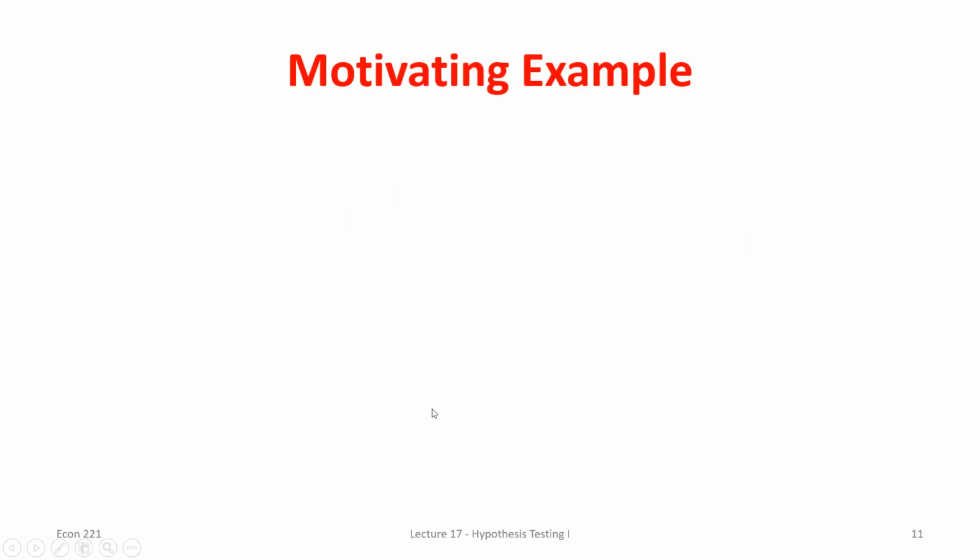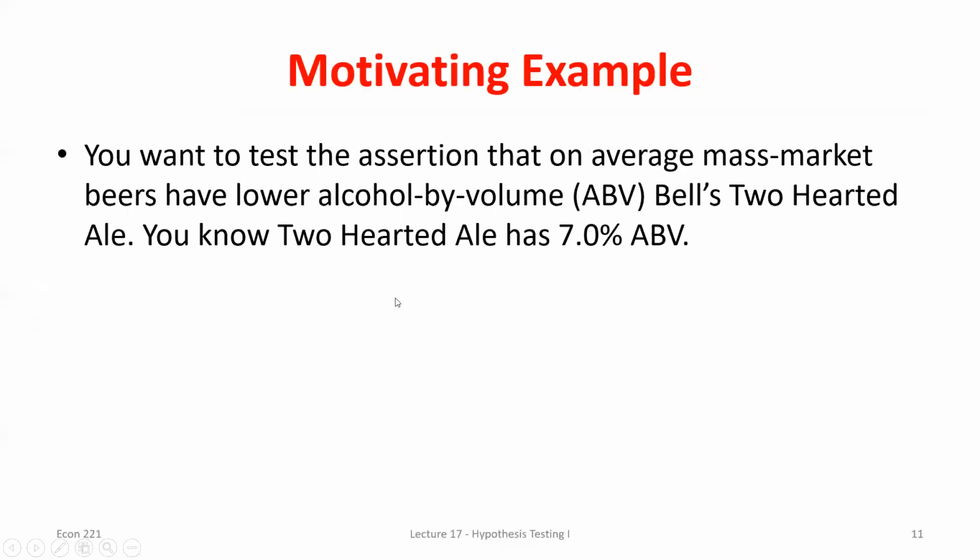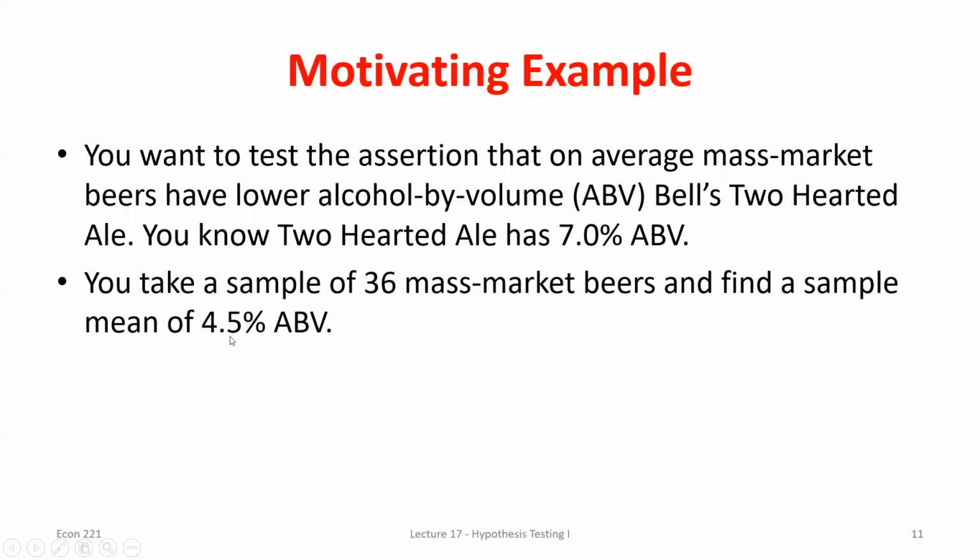So the idea here is, let's say I want to test whether the average mass market beer has a lower ABV than Bell's Two Hearted, which has an ABV of 7%. What I want to find is whether the mean ABV for mass market beers is less than 7%. So I assume it's greater than or equal to that. If I then take a sample and see a sample mean of 4.5, that does not support the null.